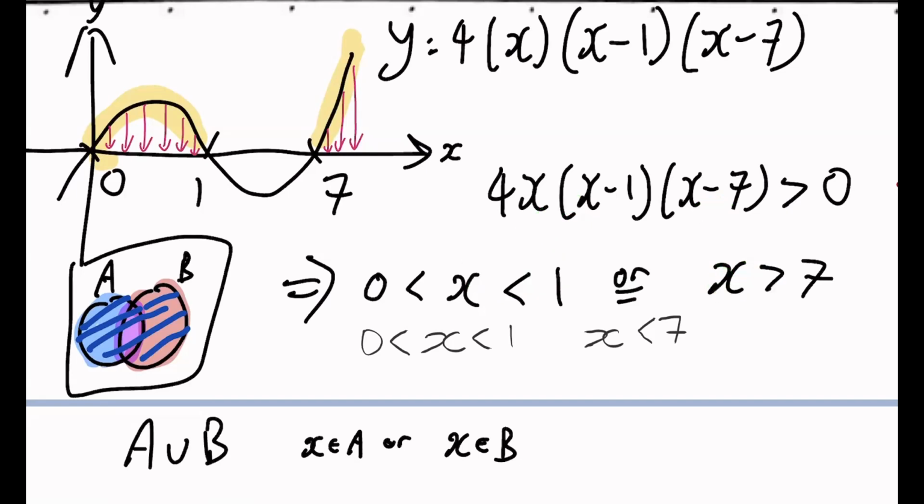So that means what's really going on is this middle part, the purple overlap, shouldn't be there. So you only have two possibilities.